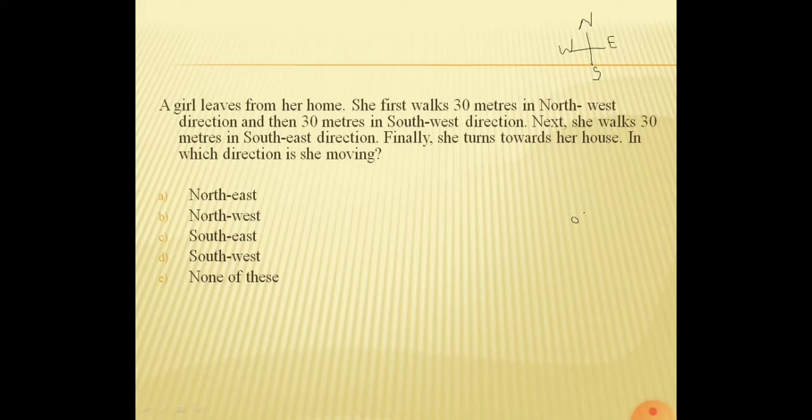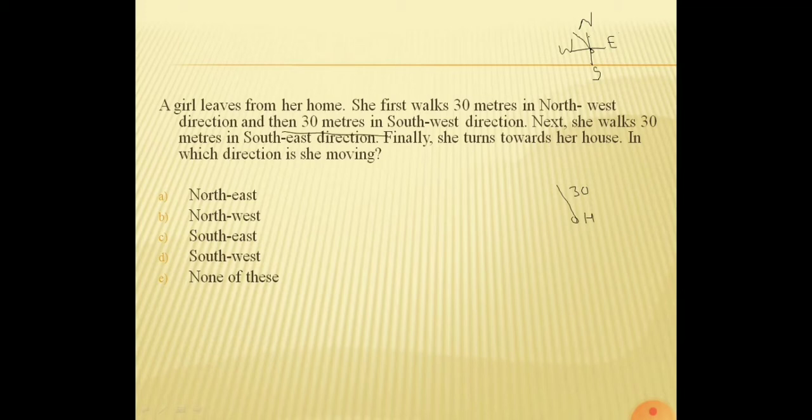We can take the origin point as our home, we always fix that origin point as her home. She starts from her home and walks 30 meters in the northwest direction. Fine, so she reached there.